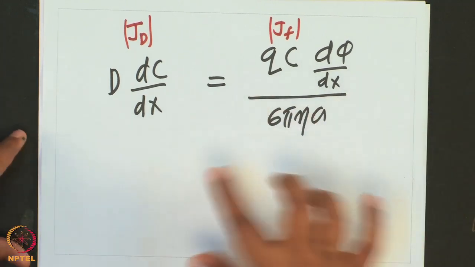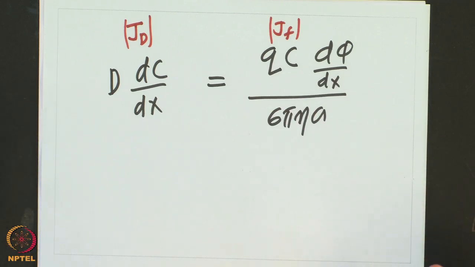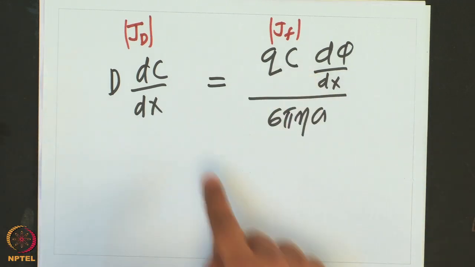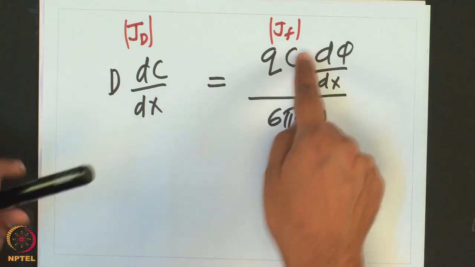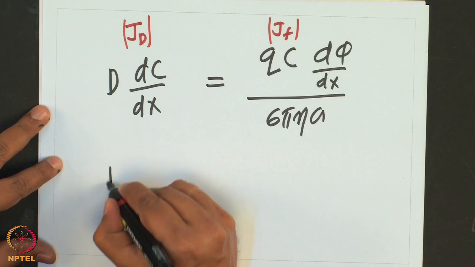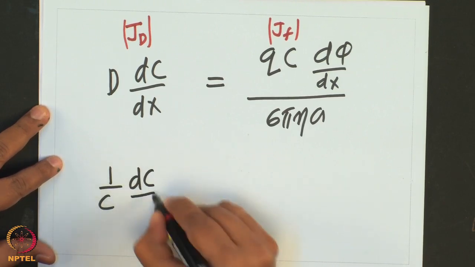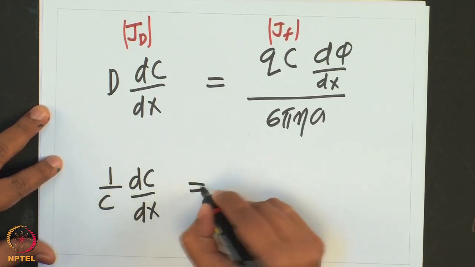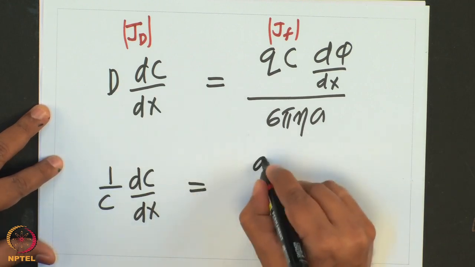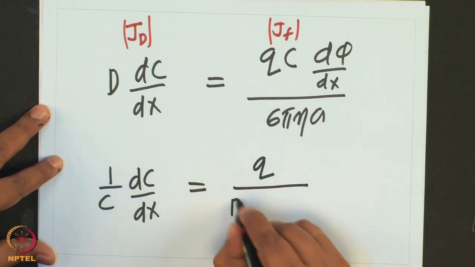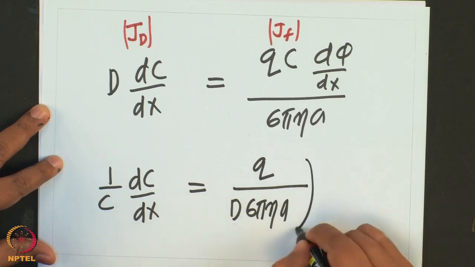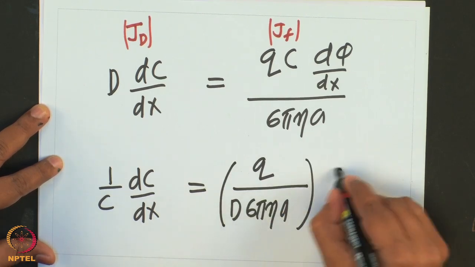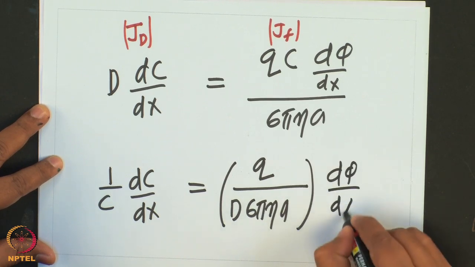Now you would rearrange this a little bit and integrate it. I would take c to this side. So let me rewrite this. I would write 1 over c dc by dx is equal to, taking everything to the other side, q divided by D 6 pi eta a, these are constants, d phi by dx.